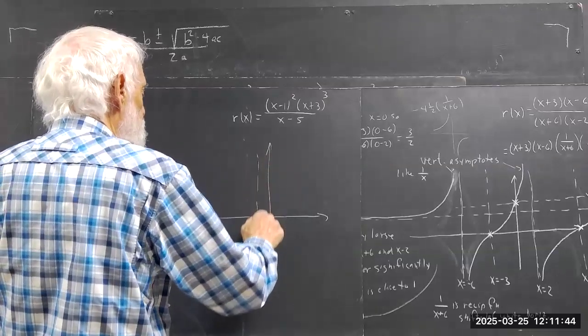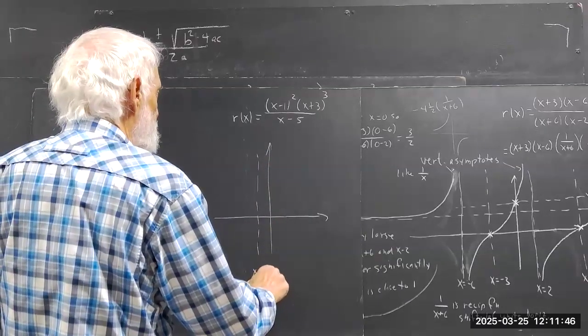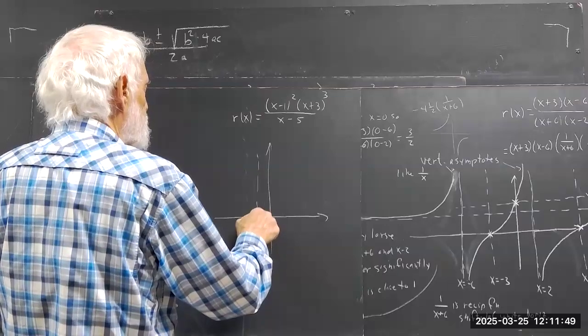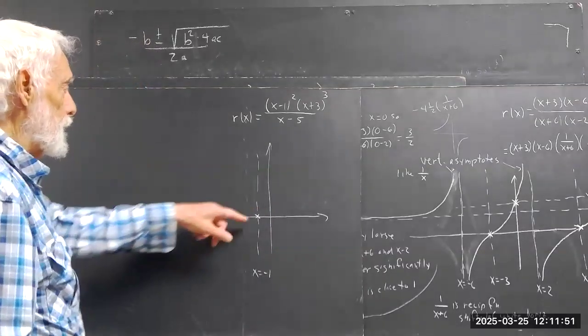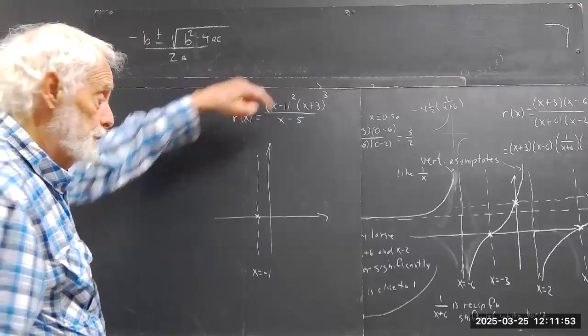Then when x equals -1, we have a 0 here, and it's got multiplicity 2.